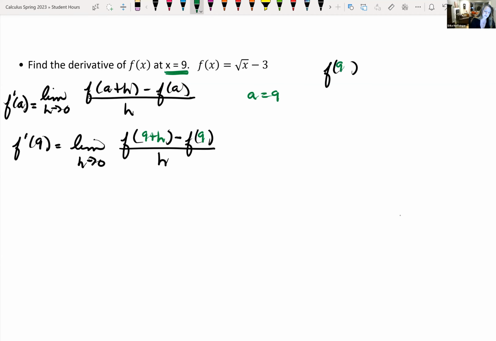That's telling me I'm going into my function f of x, and wherever I see an x, I'm replacing that with a 9 plus h. So this is equal to the square root of 9 plus h, minus 3.